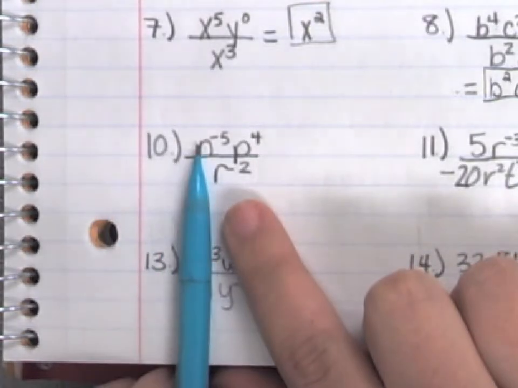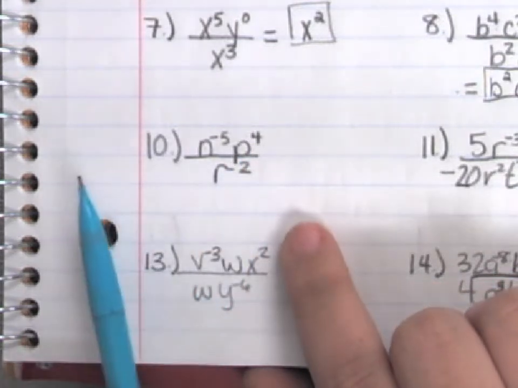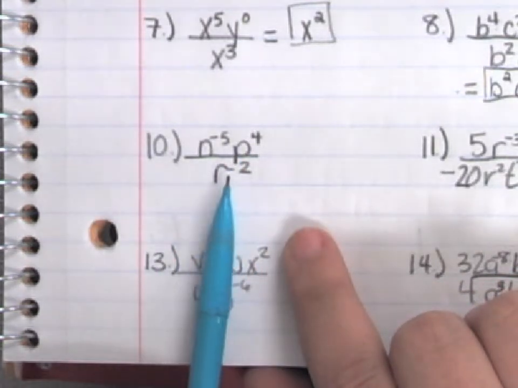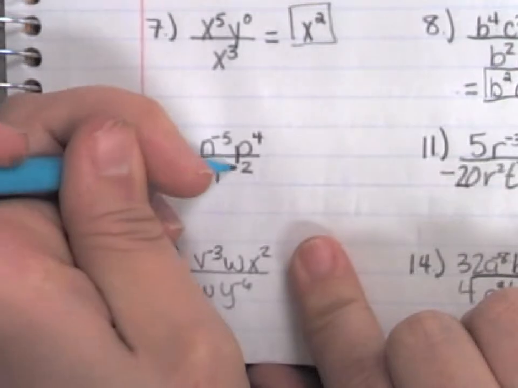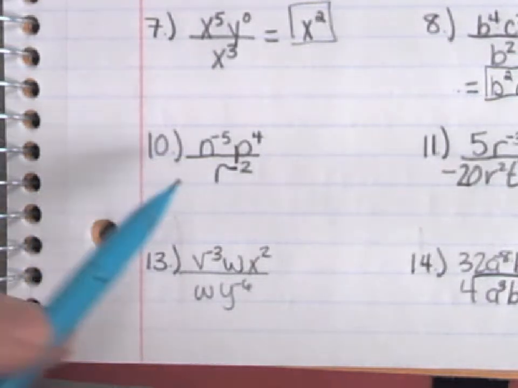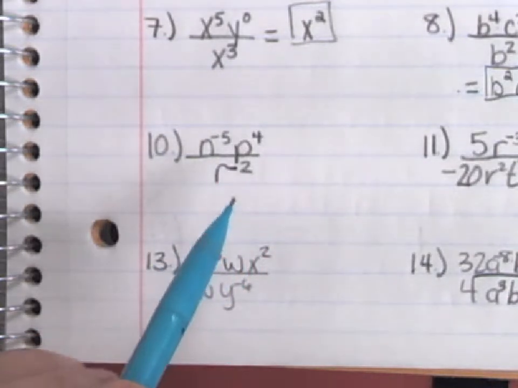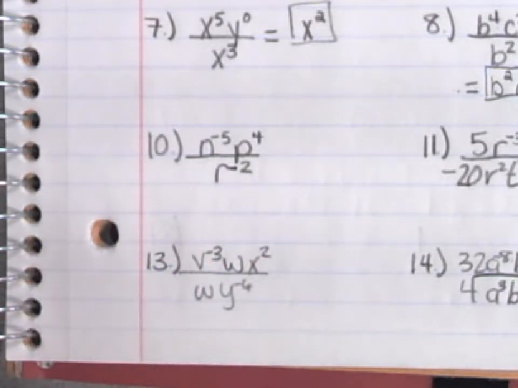It says n to the negative 5th, p to the 4th, all over r to the negative 2nd. And you may not be able to see that negative. That's why I said it. Okay? Now, before you even think about dealing with negatives, you want to deal with every other property there possibly is, which means if you have multiple n's or multiple p's or anything, you would deal with it. Are there multiples of any variables here? No. Okay, so the only option is to deal with the negatives.